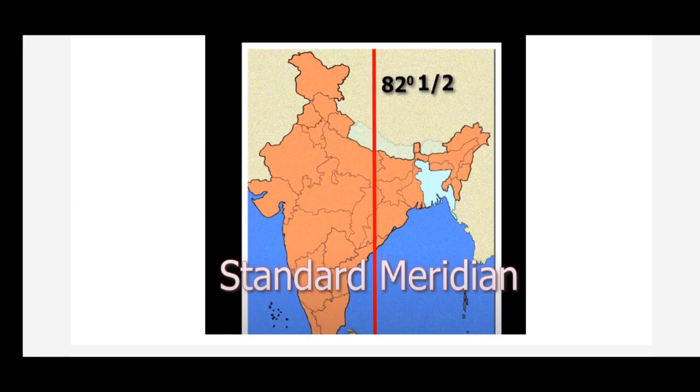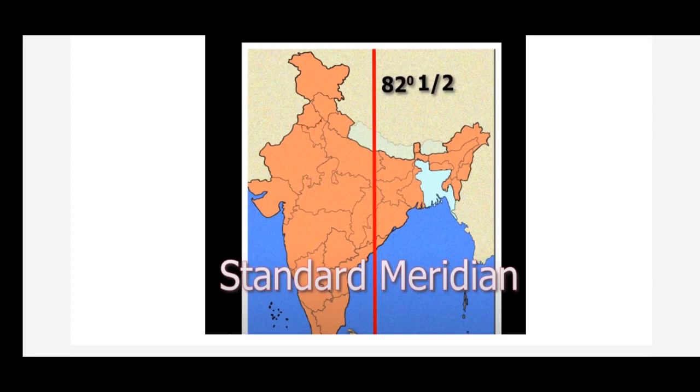This 82.5 degrees east longitude, children, passes exactly through the middle of India. So this is also called the standard meridian of India, and the time on that meridian or longitude is known as the standard time of India. You know, children, this longitude passes through Mirzapur in Uttar Pradesh and also through Kakinada.